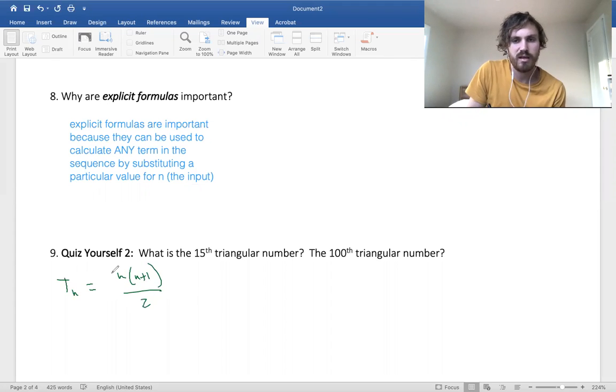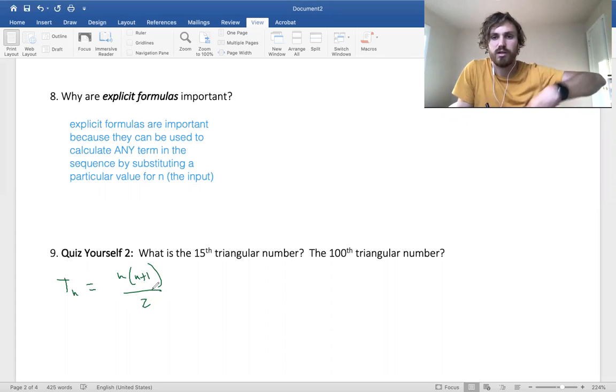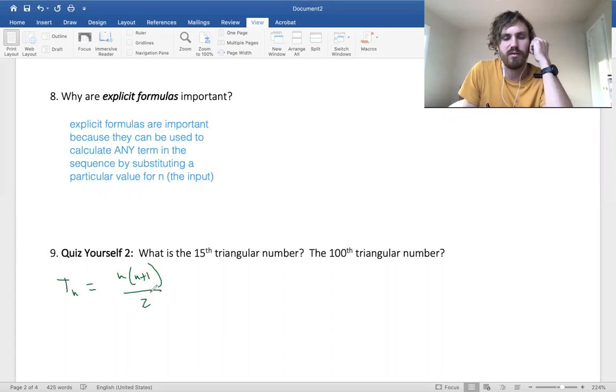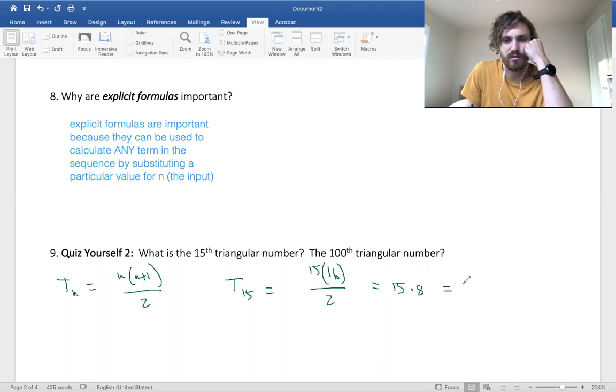So for any term number, we can just plug in the term number and get out the term. So we can plug in 15, and that means T sub 15 should be 15 times 16 divided by 2, which is the same as 15 times 8, which should be 80 plus 40, or 120.